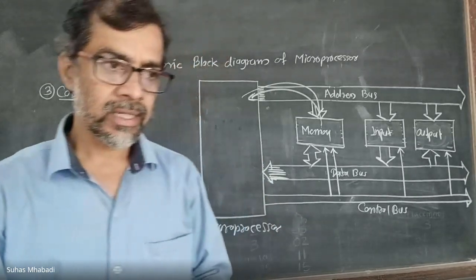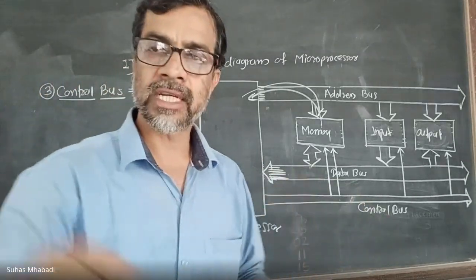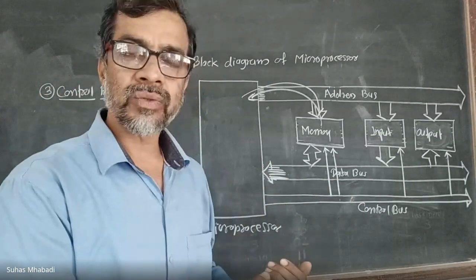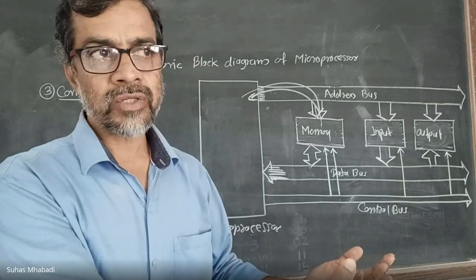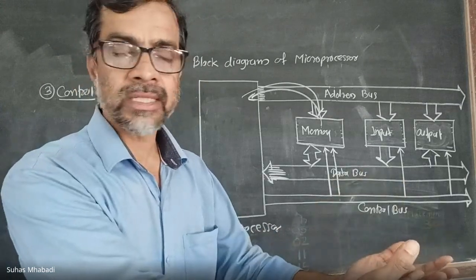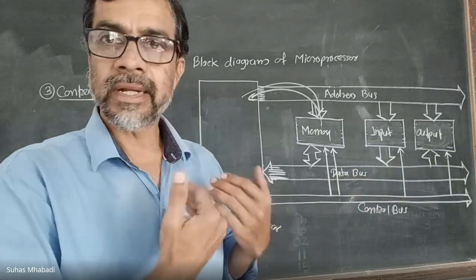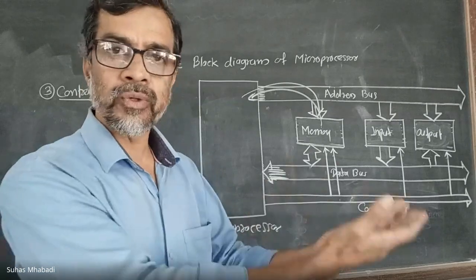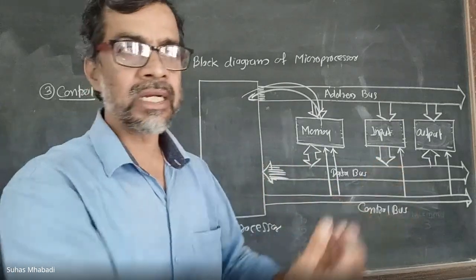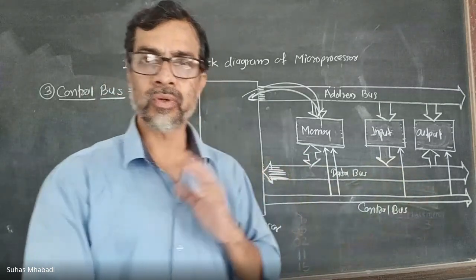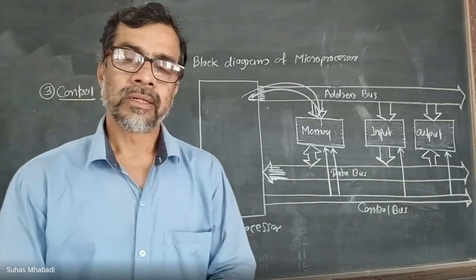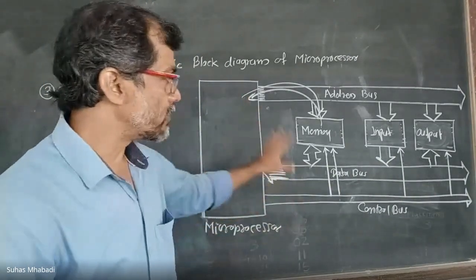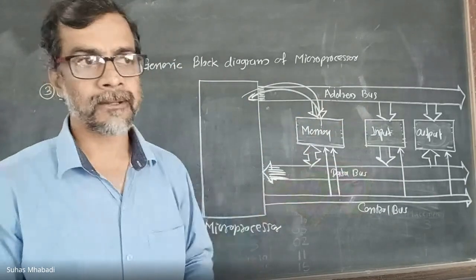Communicate means what? To send data or to accept data. It requires to communicate with memory. It requires to communicate with input devices to accept the data. It requires to communicate with the output device to transfer the result. So anyhow, the processor requires to communicate with memory, input or output.